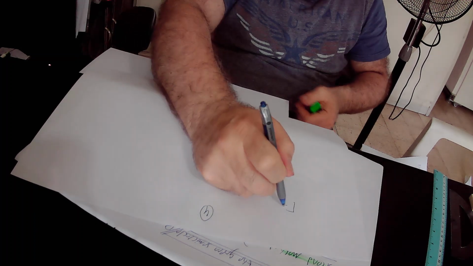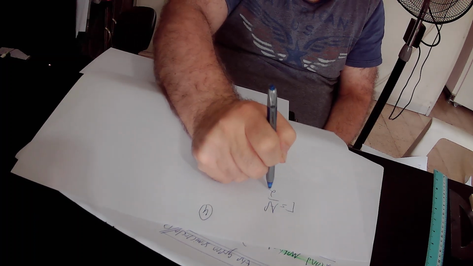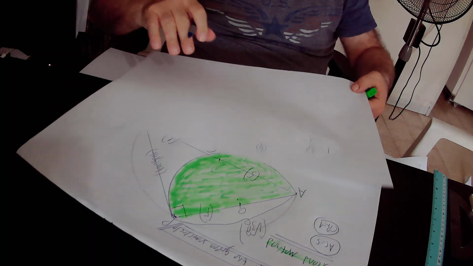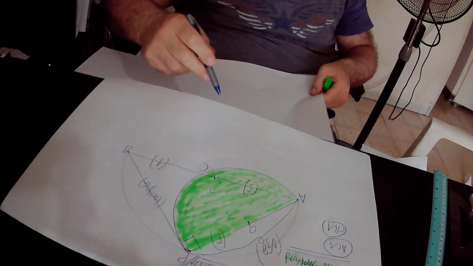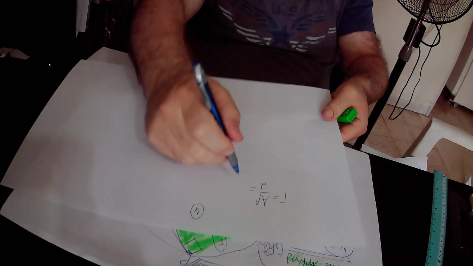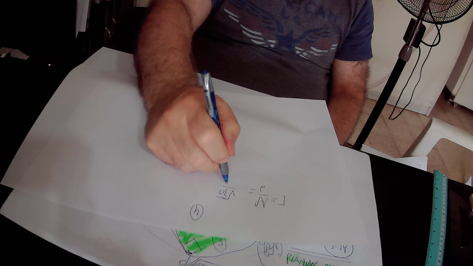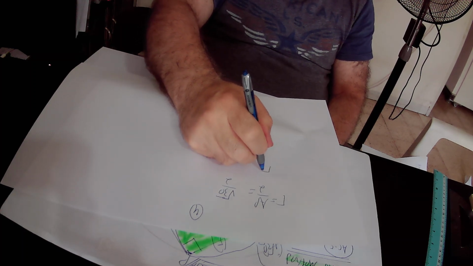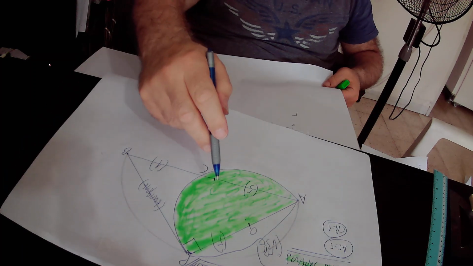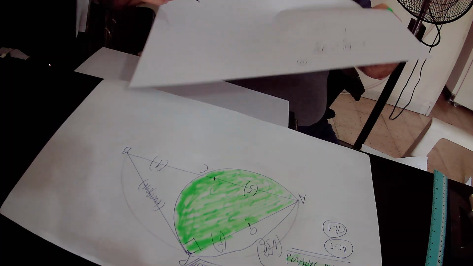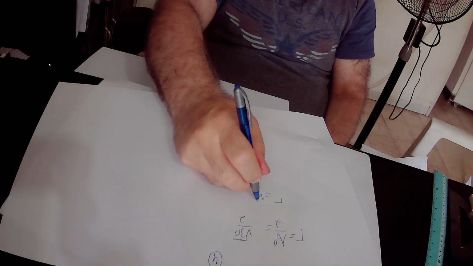We just found out that AP equals the square root of 30. Therefore, R equals the square root of 30 over 2. So, in conclusion, the radius of this green semicircle equals the square root of 30 over 2.